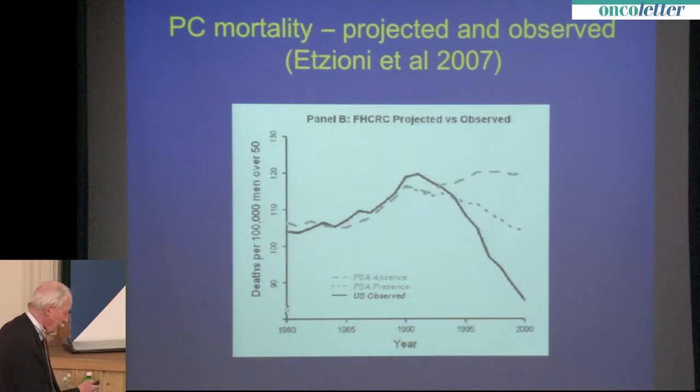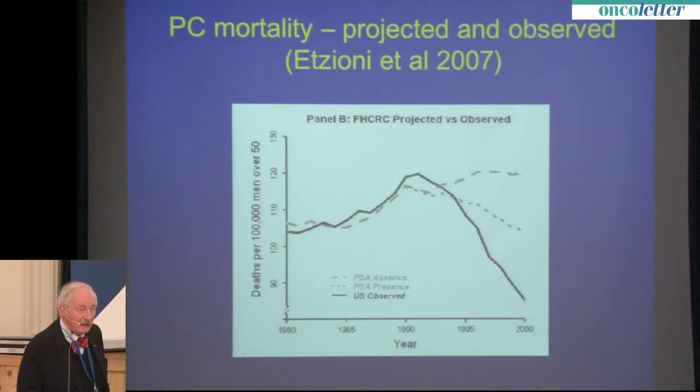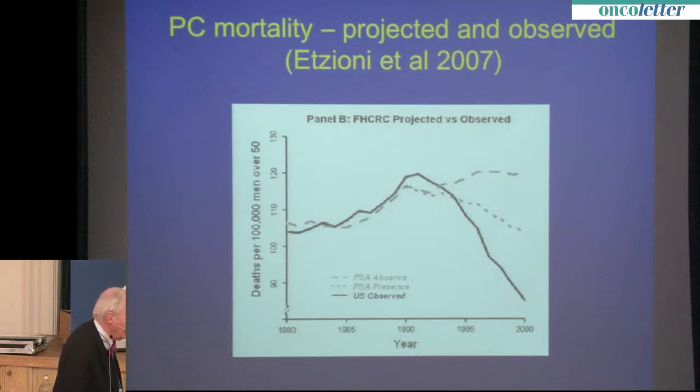They came to these curves, and as you know, prostate cancer mortality in the US rose up to 1993, and then it started to go down. And the question is, what are the reasons for the decrease? People who believe, and Dr. Walsh will say, okay, around this time, radical prostatectomy has become very common, and this is the main reason. Some others may say radiotherapy has been shown to be effective.